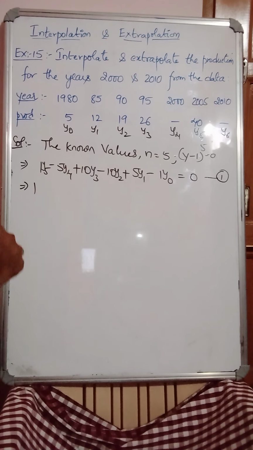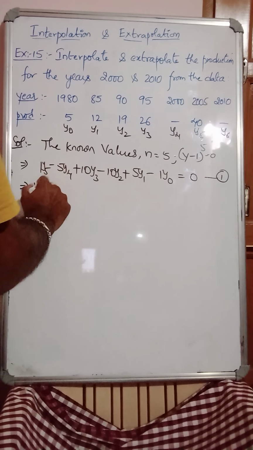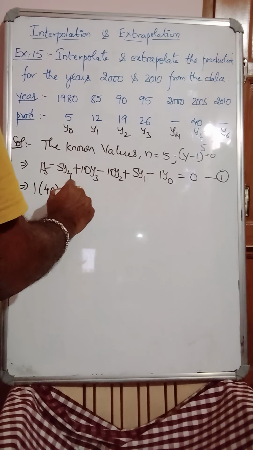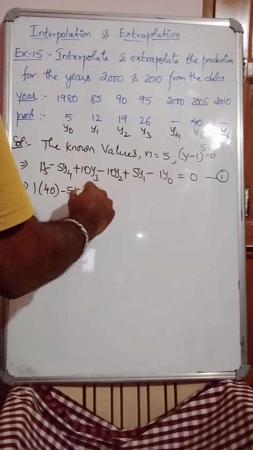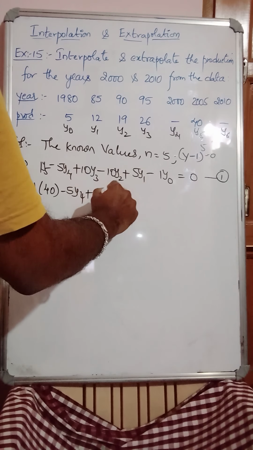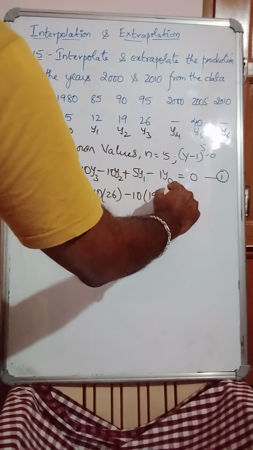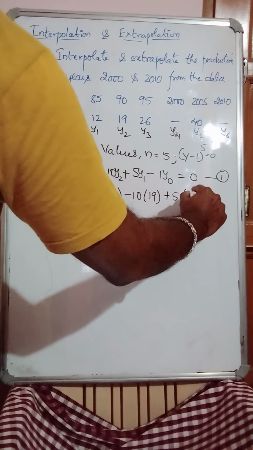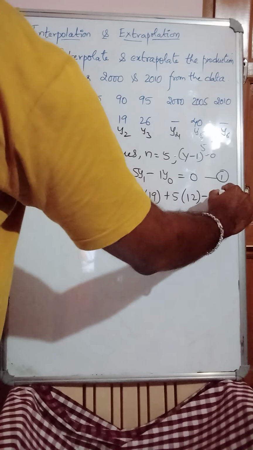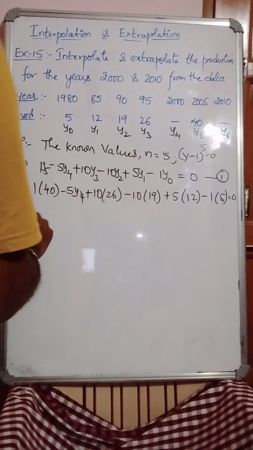Just simply substitute: 1 into y5, which is 40, minus 5 into y4, which needs to be estimated, interpolated, plus 10 into y3 is 26, minus 10 into y2 is 19, plus 5 into y1 is 12, minus 1 into y0 is 5, equated to 0.